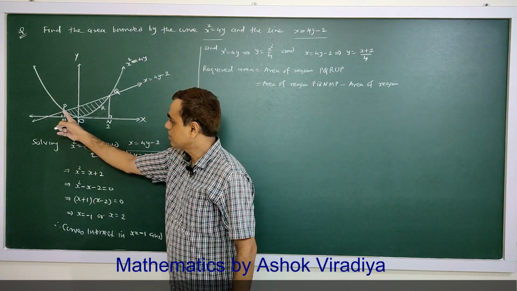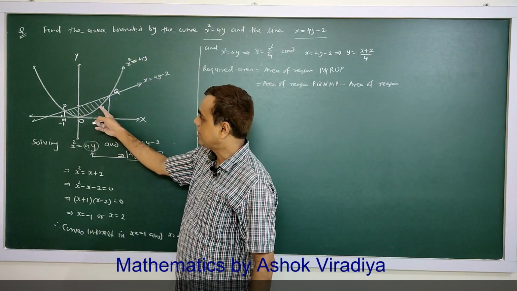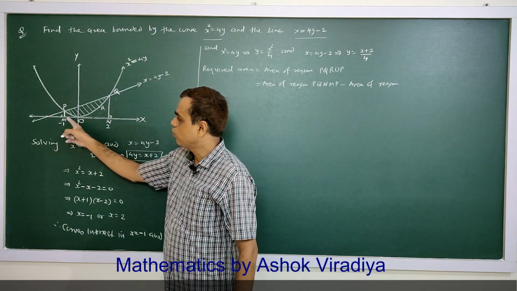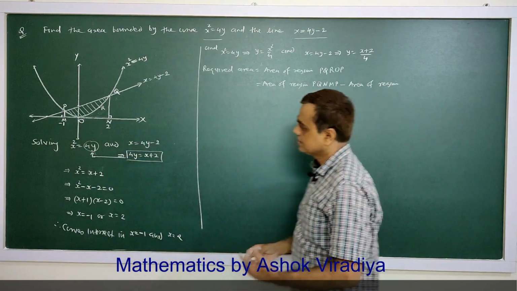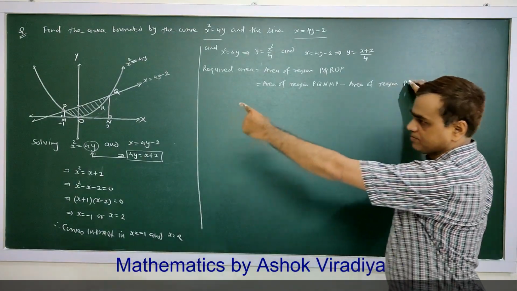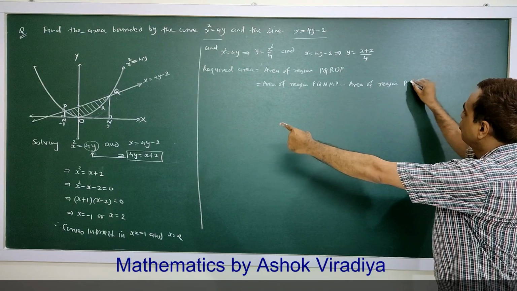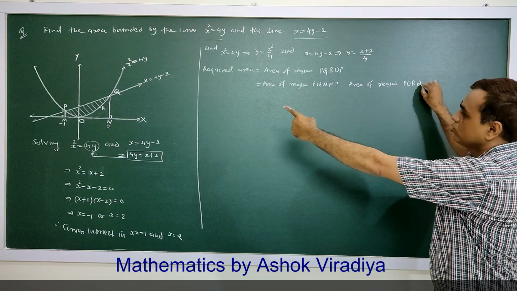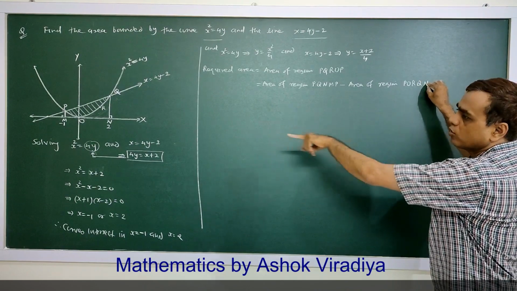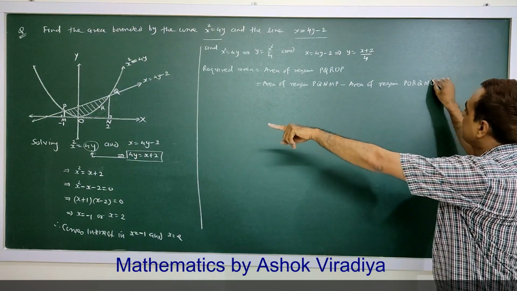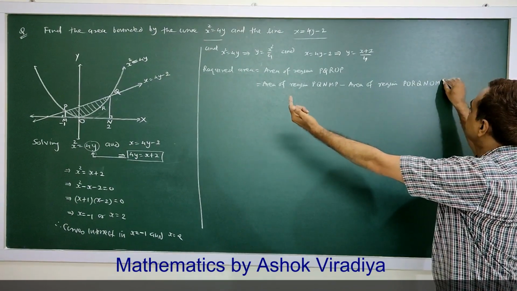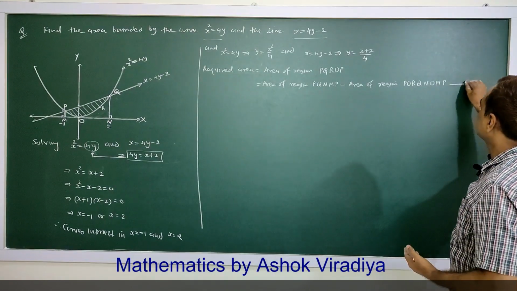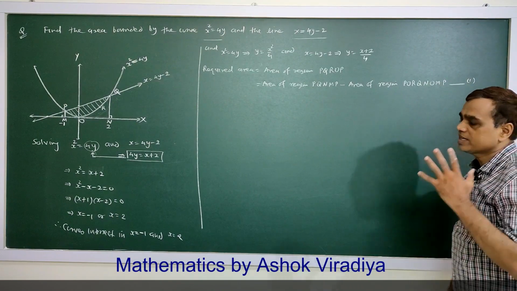So PORQNOMP, that is P, then come towards O, then go towards R, then Q, then come down, N, then go on left, O, continue on left, M, take towards P. So this region. So let me call this equation 1. Now we calculate both areas one by one.